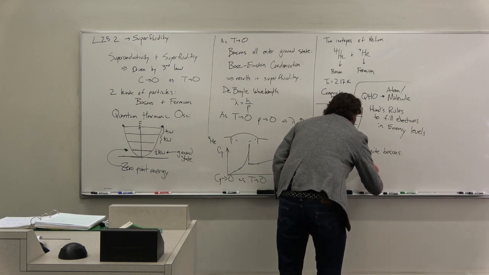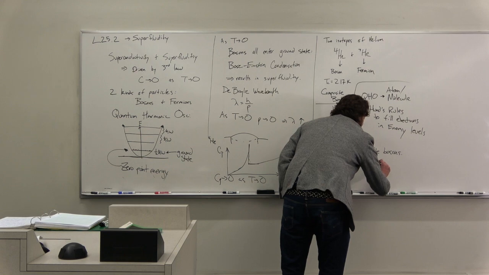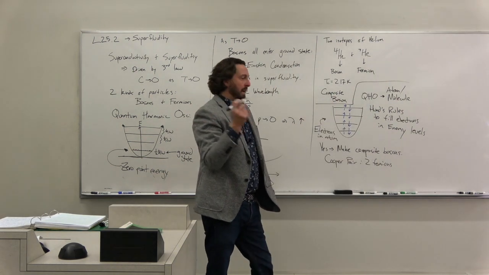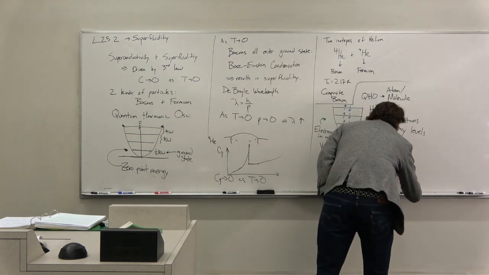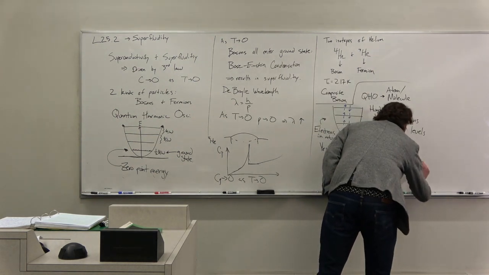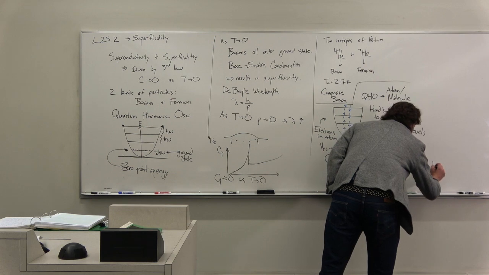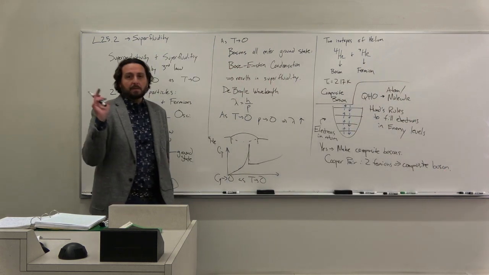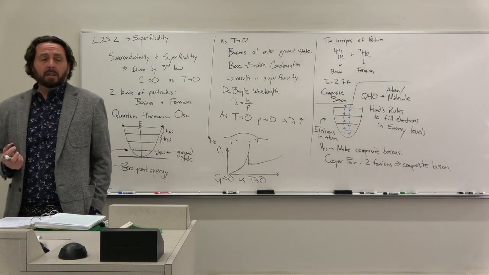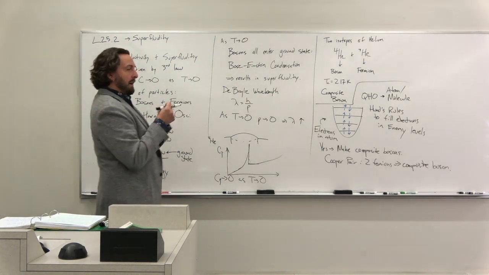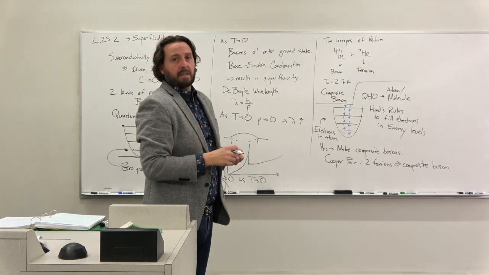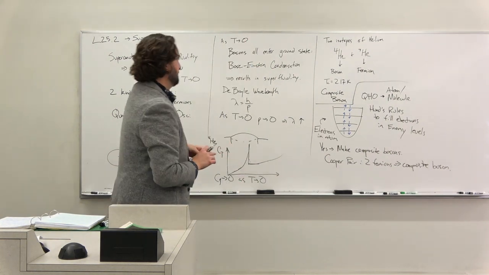So that's two fermions added together in some way, so paired up, which makes a composite boson. And so that's what happens in superconductivity. You get two electrons, they pair up into what's called a Cooper pair, and now those Cooper pairs can Bose condense and make a superconductor.